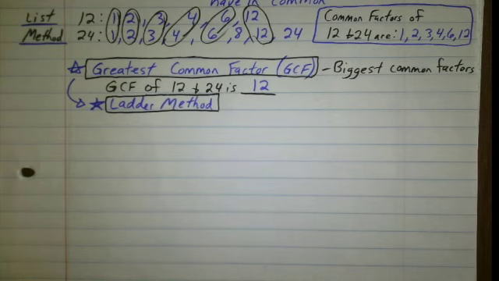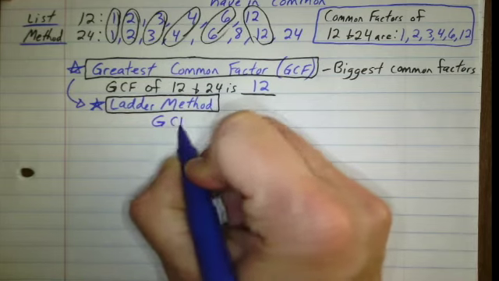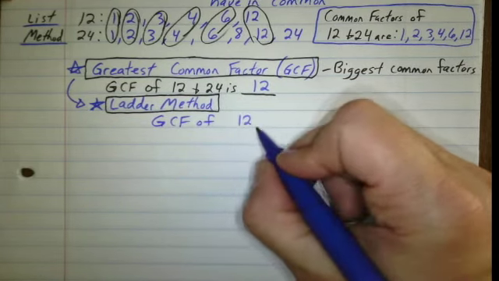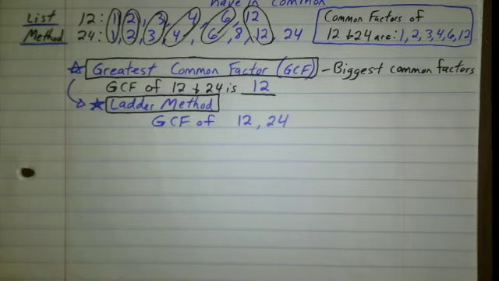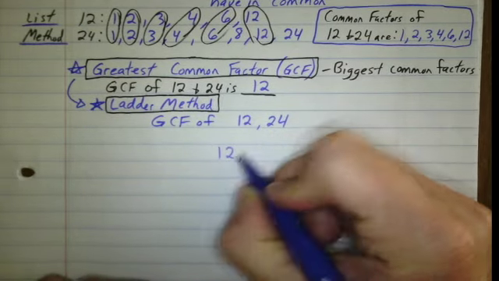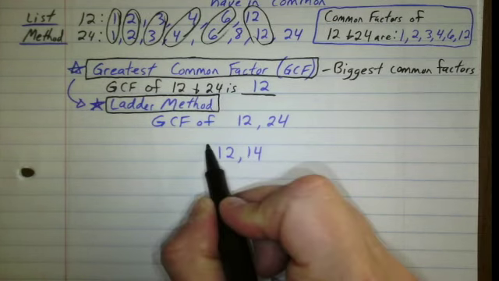So let's practice it. We already kind of know the answer, but let's go. What is the GCF of 12 and 24? How this works with the ladder method is we have to put 12 and 24, and we have to make a rung on the ladder.